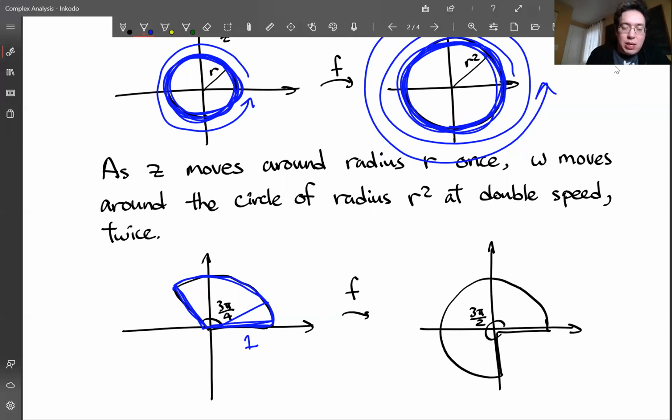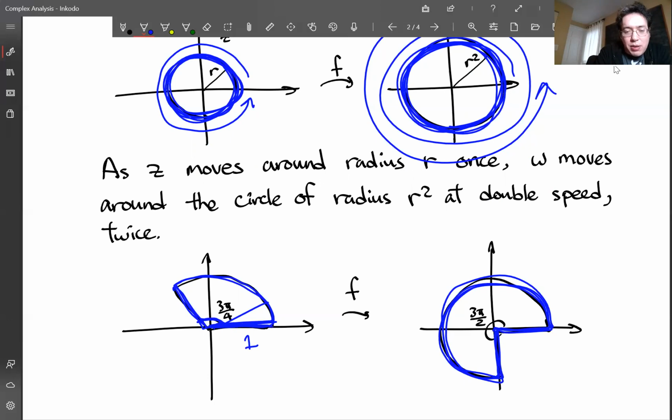But the angle from 0 to 3 pi over 4 sweeps through double the angle. If you multiply 2 by 3 pi over 4, we get 3 pi over 2. And that's what the image looks like after the function is applied. All the angles are doubled. I hope that makes sense.